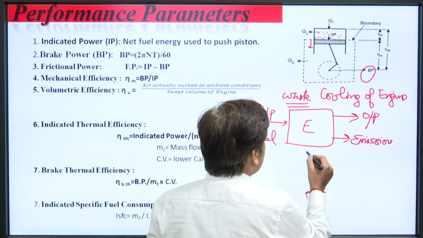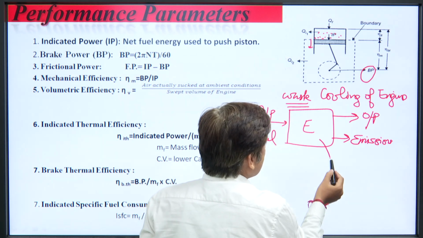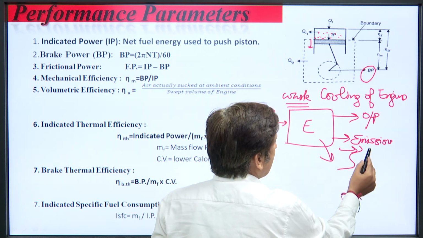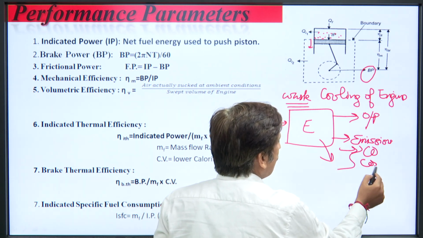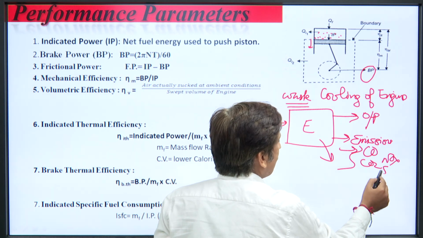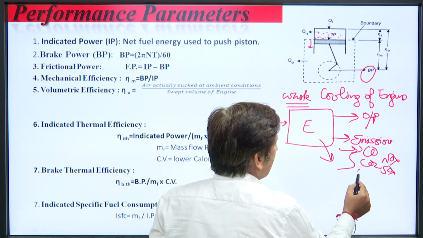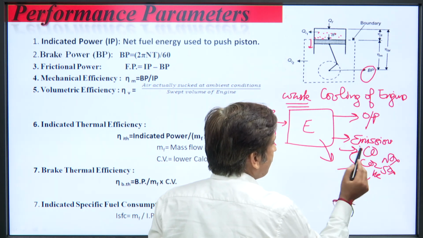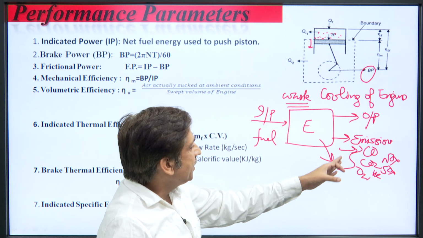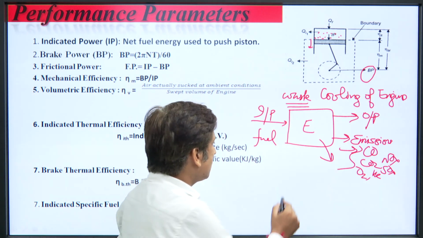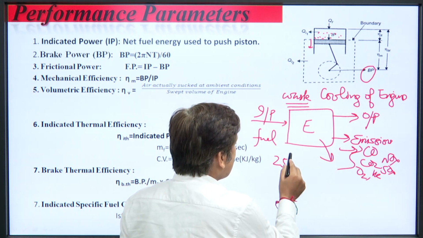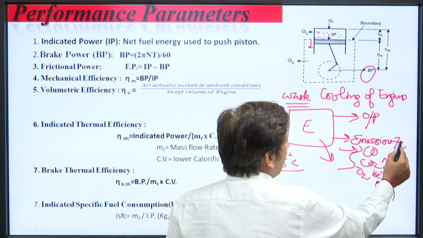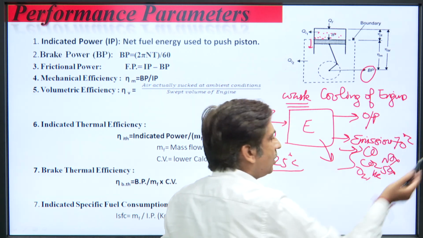Also, there are emissions from the engine, and these emissions contain gases: CO, CO2, NOx, sulfur dioxide, some oxygen, some hydrocarbons. They are emitted into the surroundings at higher temperature. Let the surrounding temperature be 25 degrees Celsius and the exhaust temperature be very high, 70 degrees Celsius or maybe above it.